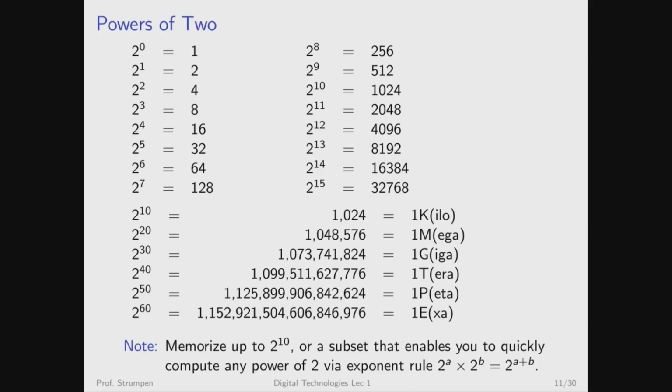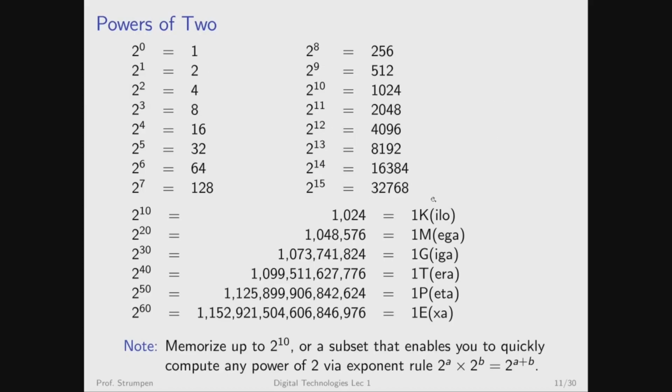To work with larger numbers, it's definitely a good idea to get a handle of the powers of 2. Right? 2 to the 0 is 1, like every base raised to the power of 0 is 1. 2 to the 1 is also easy, that's 2. 2 to the 2 is 4, and so on. Right?